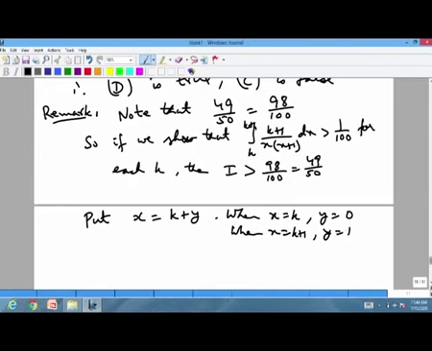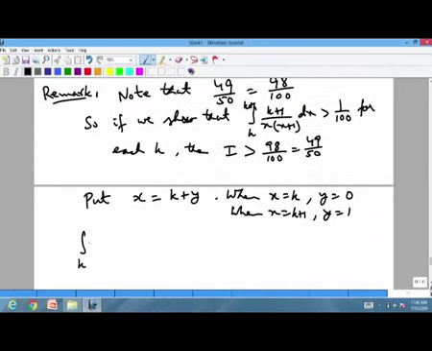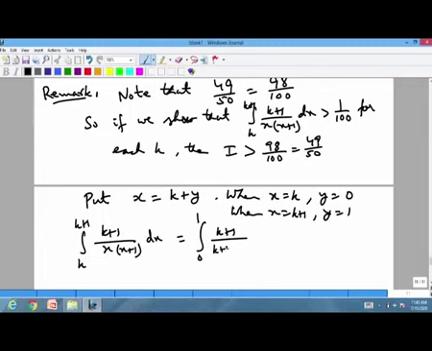So, we can write this integral as integral from 0 to 1 now, k plus 1 by k plus y, where x is equal to k plus y, times x plus 1 is k plus 1 plus y, dy.